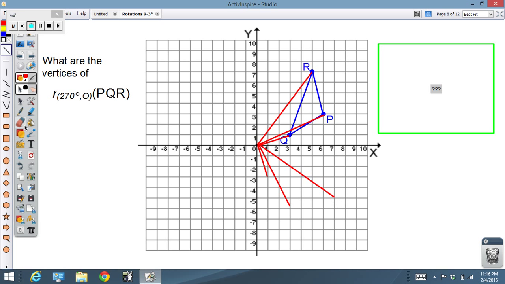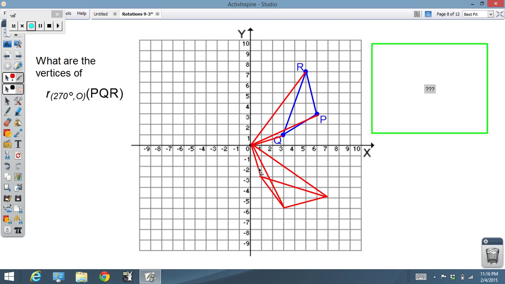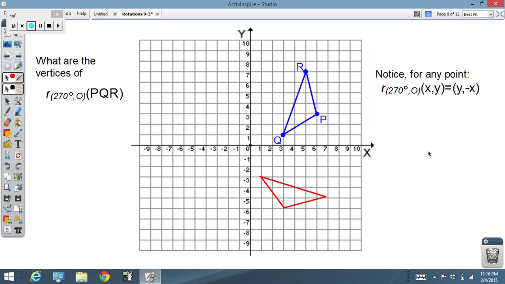Okay, so connect my dots. Doing the same thing here, I'm just doing it all at once. We end up with our rotated image, 270 degrees, right there where you see it. The rule for 270 degrees is that every XY coordinate changes into Y, negative X. You can follow that one on your own.